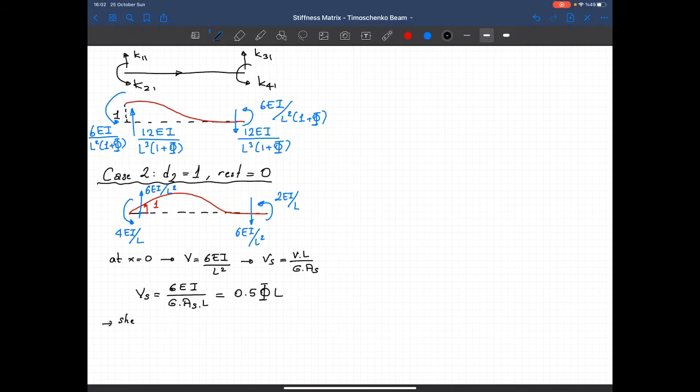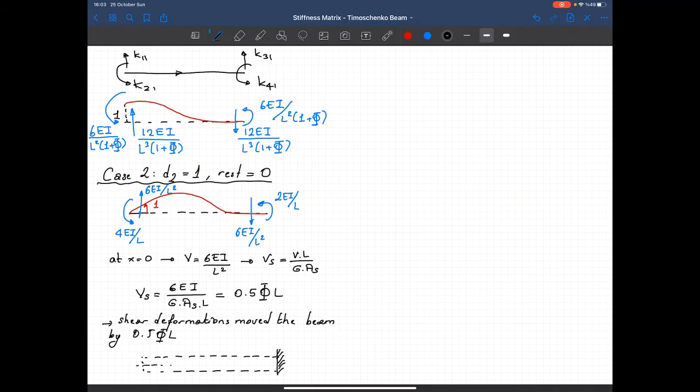Shear deformations move the beam by 0.5 phi times L. So in other words, if I draw the deformed shape again, this part is fixed.